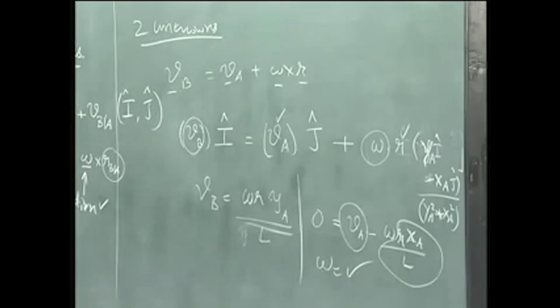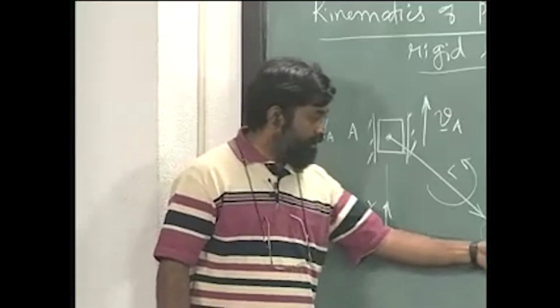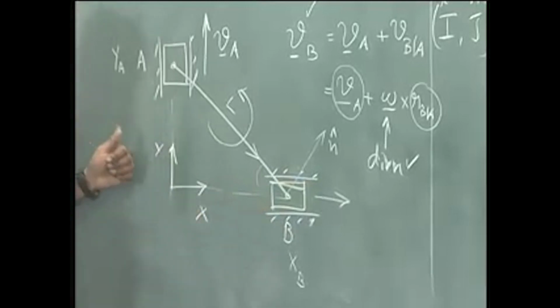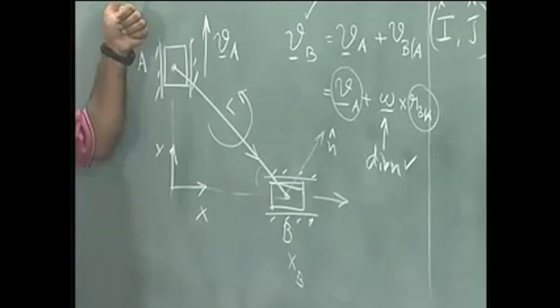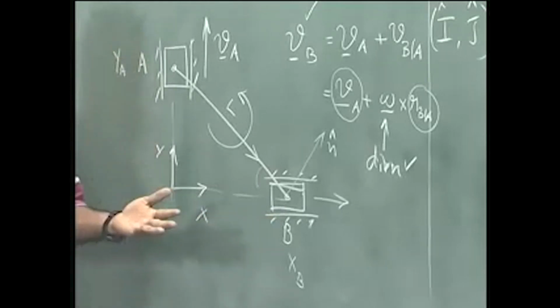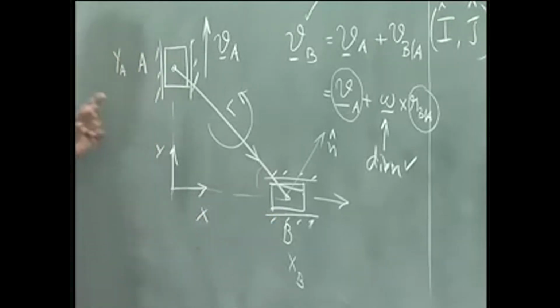There are simpler procedures, I am just giving you an idea that is in general solvable this way. The simpler procedure is here in this particular case, remember the direction of this velocity is along x direction and this is along y direction, okay. Do I know the relationship between xb and yb? The answer is yes, right.